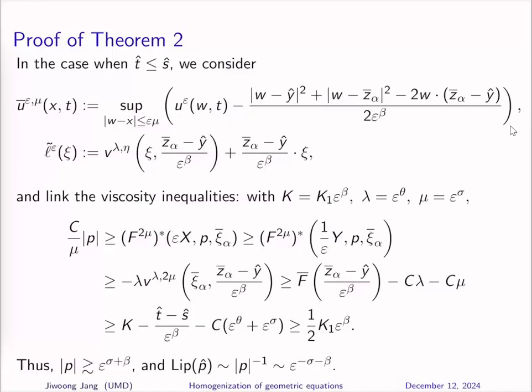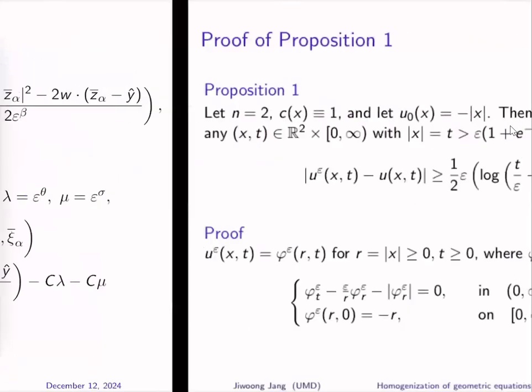And then we can link all the inequalities to the right-hand side, which is bounded by some constants times epsilon to some power. So we can track the separation of gradient in the power of epsilon. And we can continue the track, and then we can close the estimate. So then we can derive the rate.